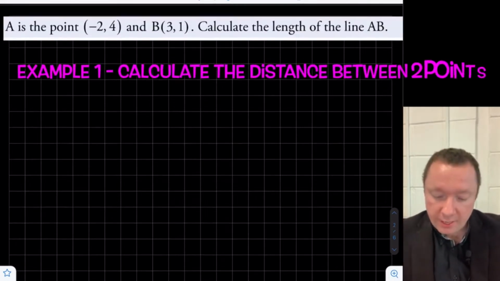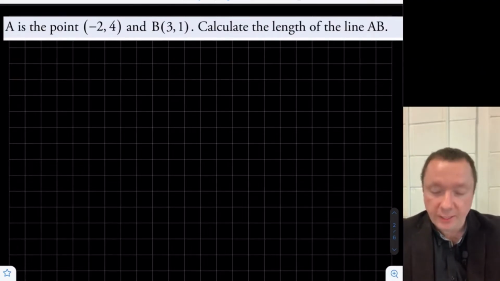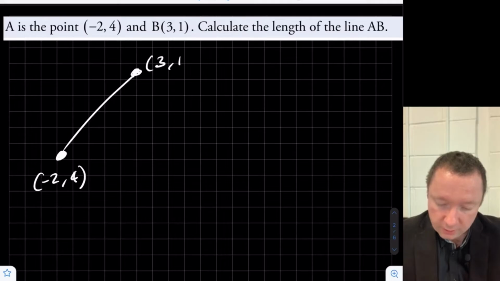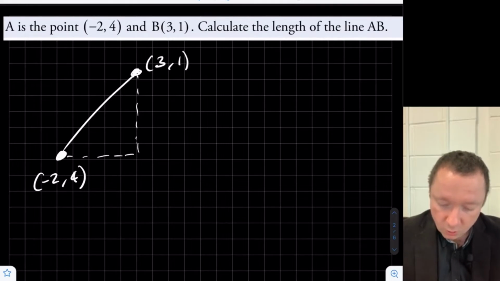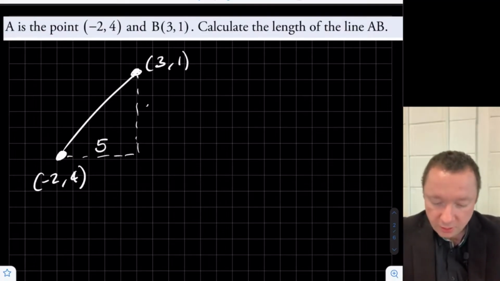Okay, example 1. A is the point (-2, 4), B is (3, 1). Calculate the length of the line AB. So to visualize that, we could have point A here being (-2, 4), point B here could be (3, 1), and it's asking us the length of the line. So we need to know the distances. x2 minus x1, so 3 minus minus 2, that would be 5. y2 minus y1, the distance between them is 3.